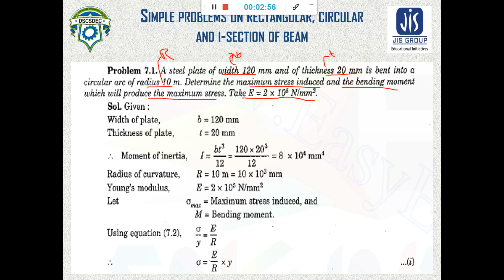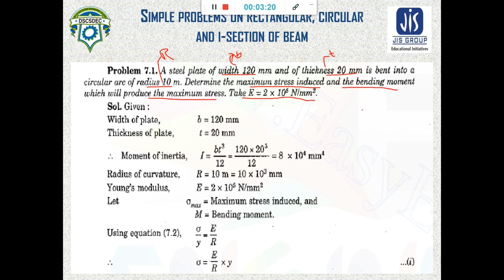Now they want the maximum stress, and the bending moment which will produce the maximum stress. From the understanding of the theory of bending stress, we know the maximum stress will be produced on the outermost layer.